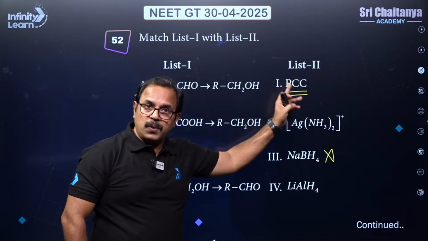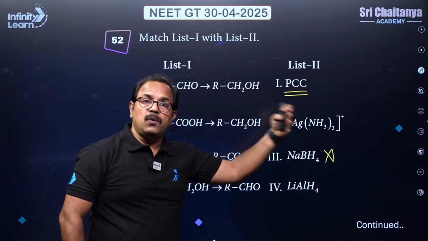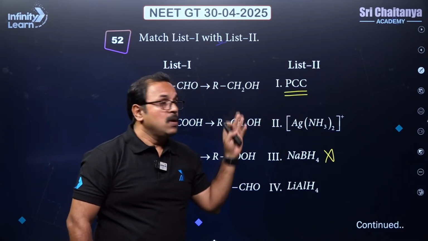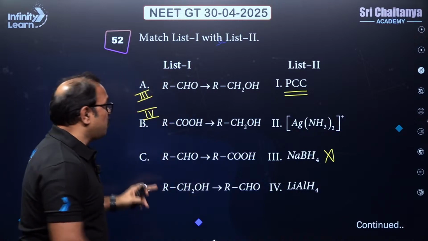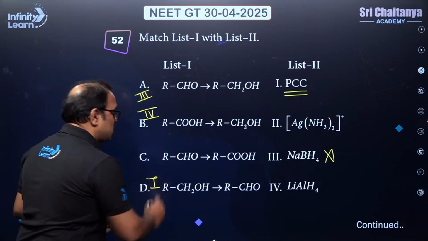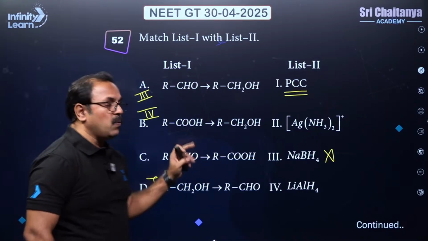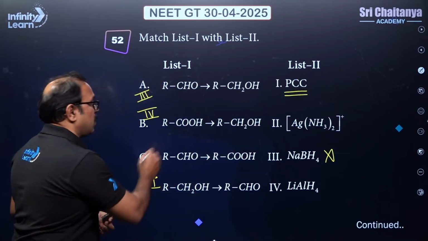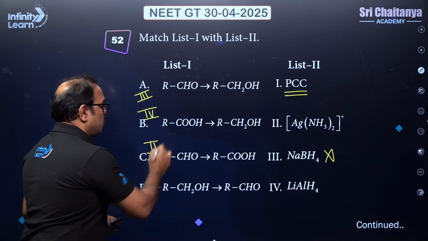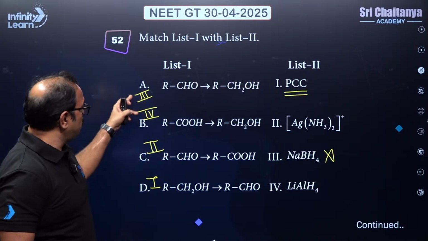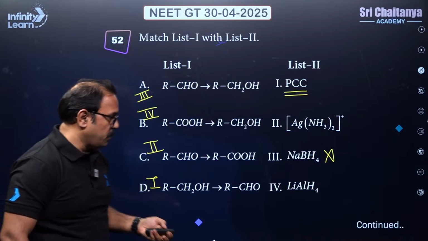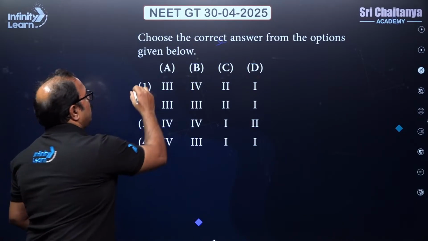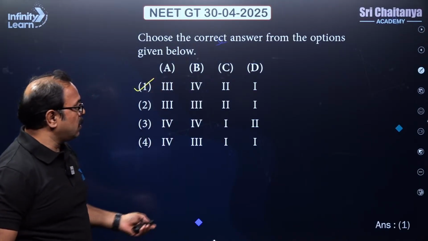These are the two components which can convert alcohol into aldehyde, either primary alcohol to aldehyde or secondary alcohol to ketone, but they don't oxidize to acid. So in this case, this has to be the first one, and aldehyde converting into acid can be done even with a mild oxidizing agent like Tollens' reagent, therefore it has to be 2. So in this case it has to be 3, 4, 2 and 1. So that is the correct answer.